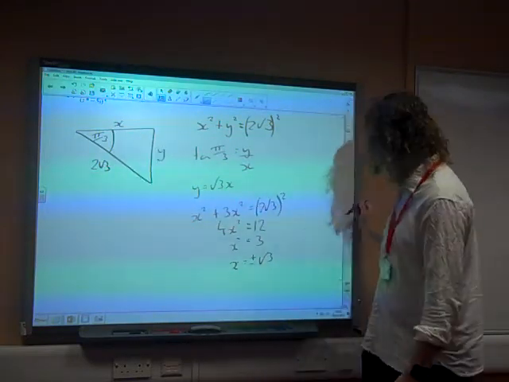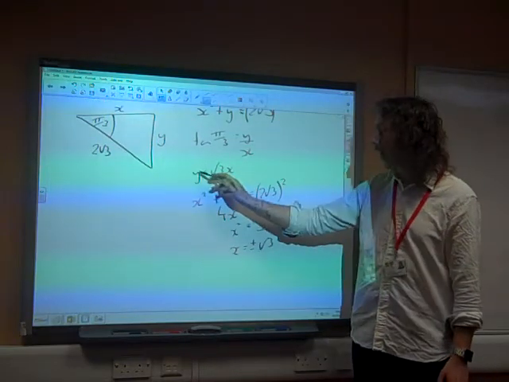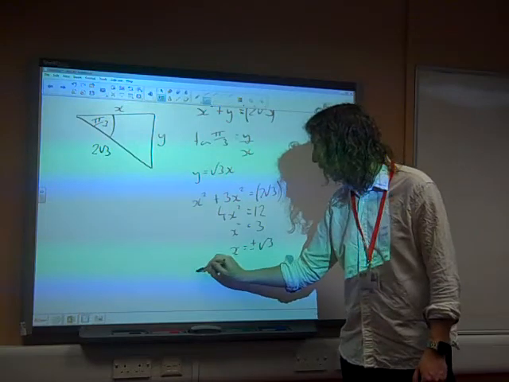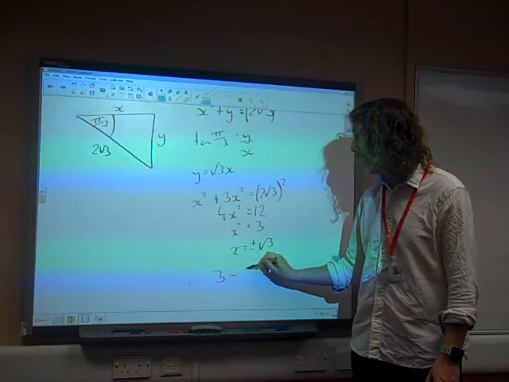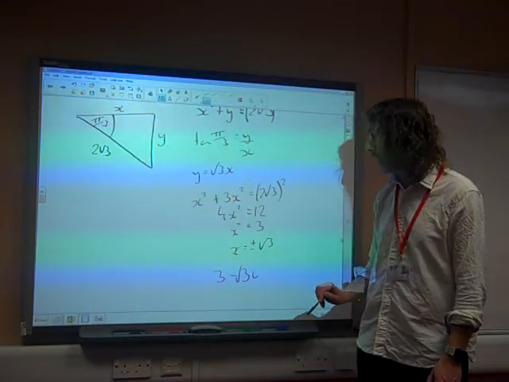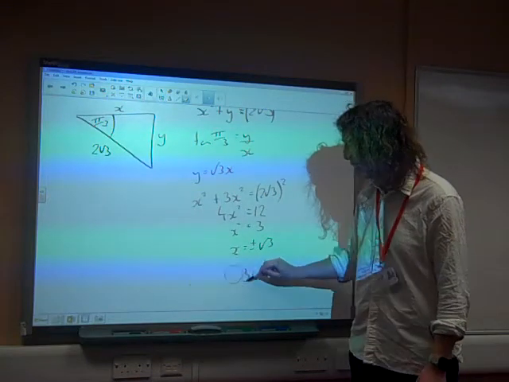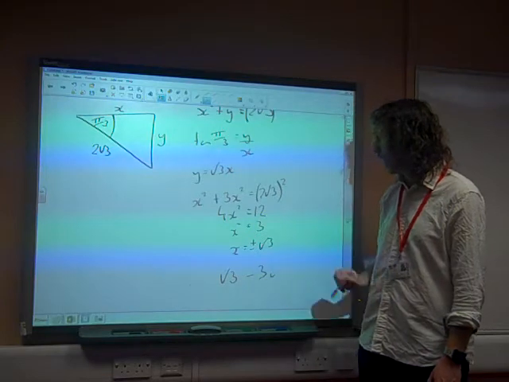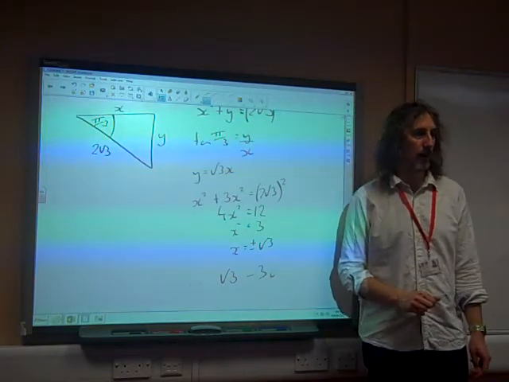So x is root 3, and if x is root 3, y, root 3 times root 3 gives us 3. So the number was root 3 minus 3i. Brilliant. That's our number.